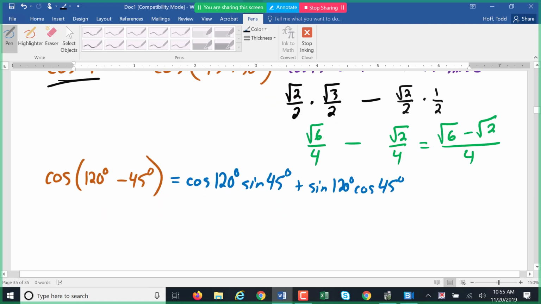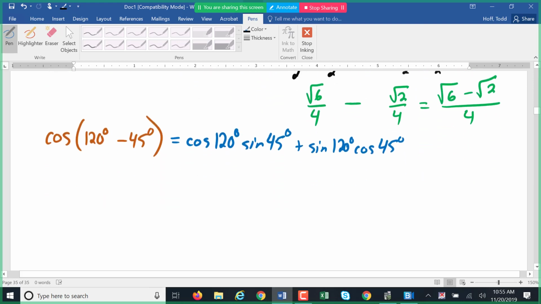Now, the cosine of 120 degrees is just the negative cosine of 60 degrees. So the cosine of 60 degrees is 1/2. The cosine of 120 degrees is a negative 1/2. Sine of 45 is square root of 2 over 2. Let's combine those and get it over with.